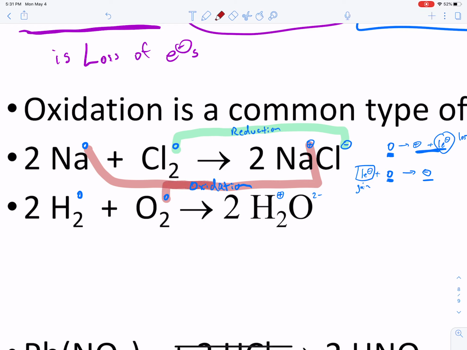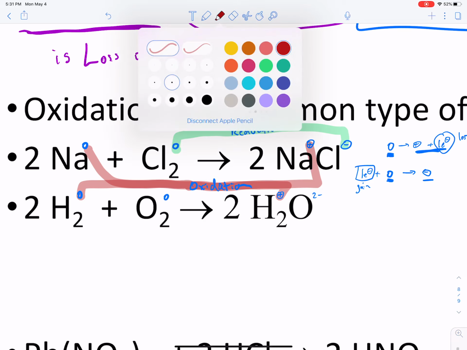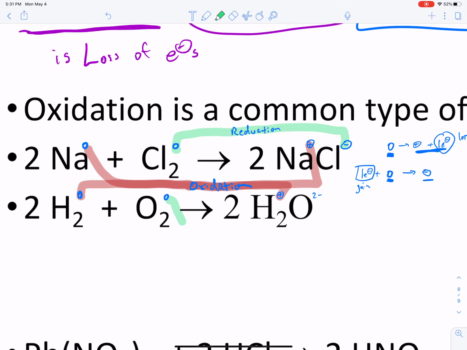So from here to there. Well, hold on. That's not the right way. Oxidation occurs when you are losing an electron. So that happened right here. Reduction happens here.